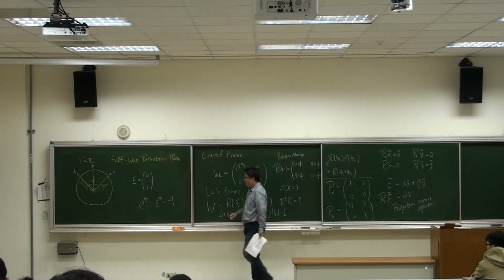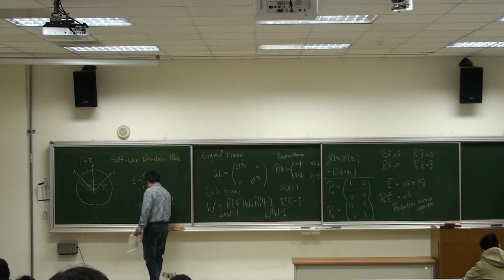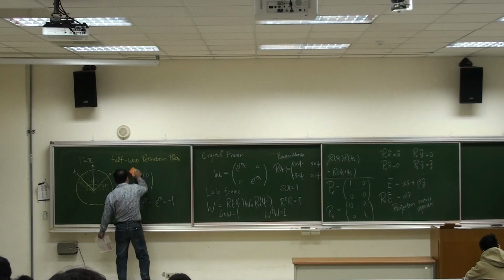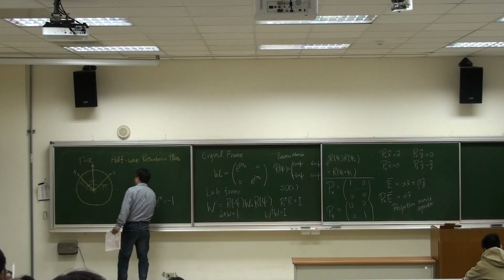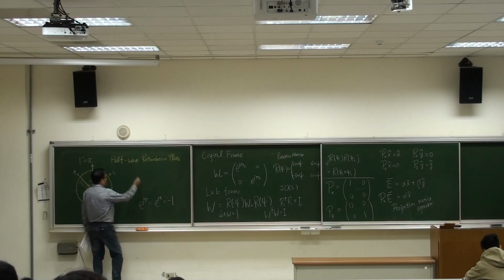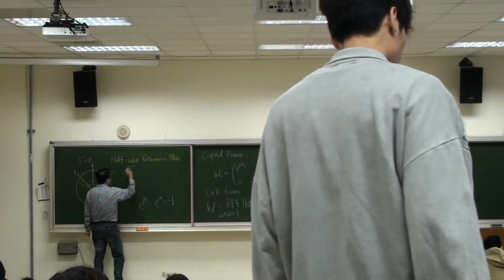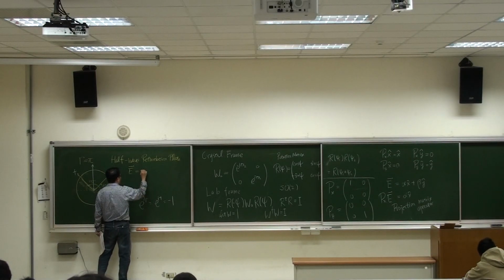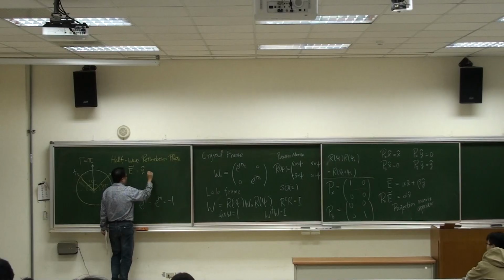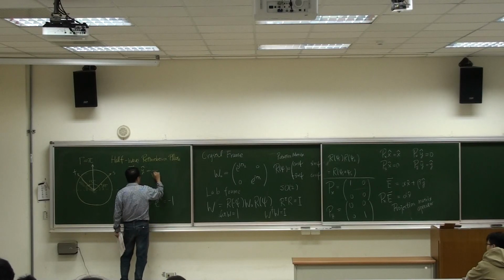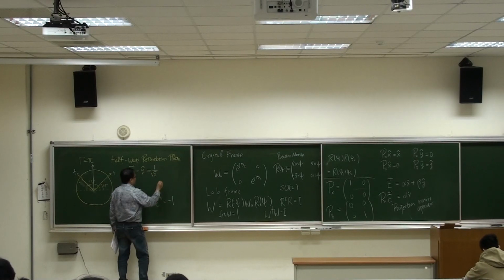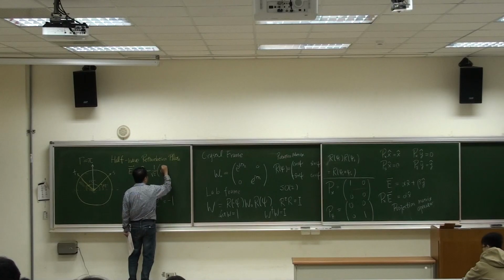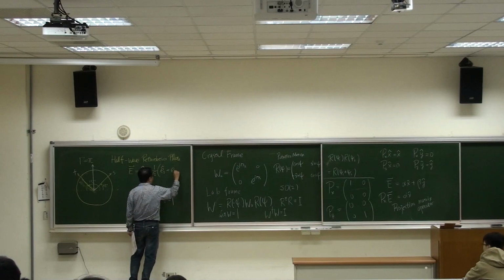Okay? So this means that suppose the incident light E vector is along the y direction. We can write this as 1 over square root 2 times (ES plus EF).